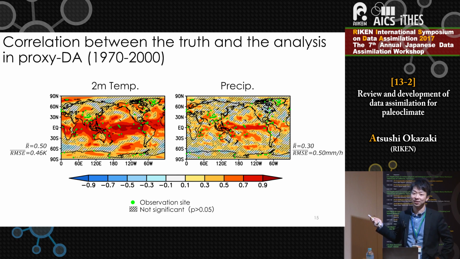I don't know whether you think this is good or not, but as a paleoclimatologist, I think this is very nice. However, the highly correlated area is confined to the low latitudes, and the other areas are unanalyzed, or the correlation is very low. But I think that paleoclimate data assimilation is feasible enough.